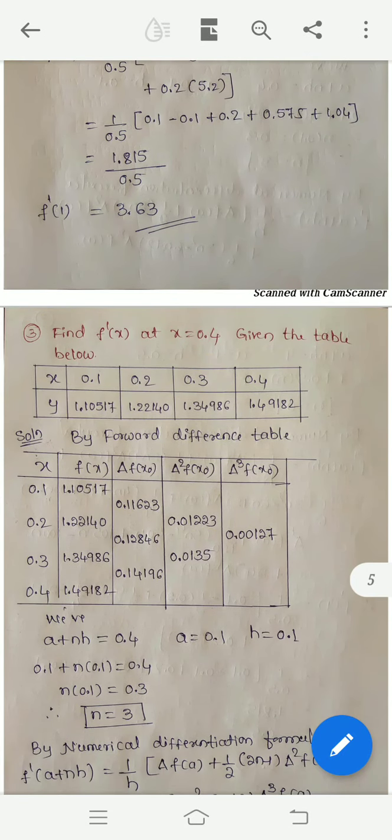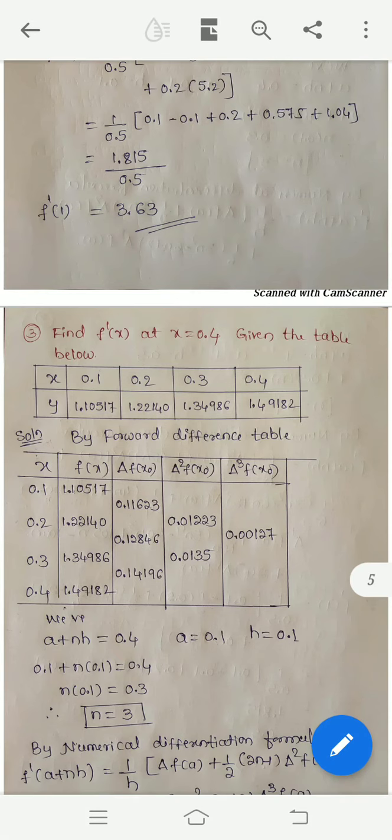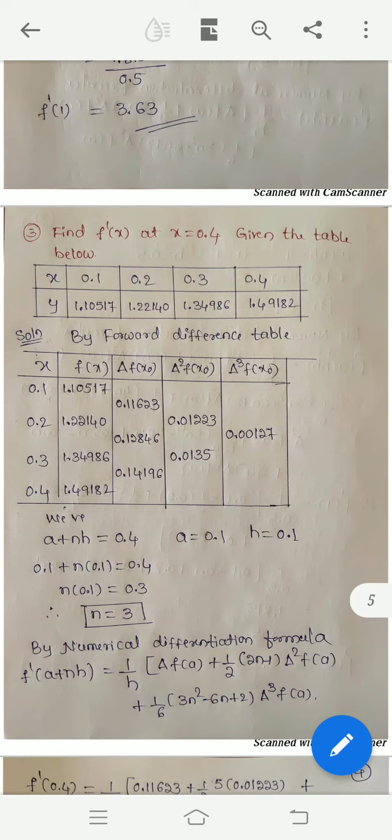Corresponding to those x values, the y values are 1.10517, 1.22140, 1.34986 and 1.49182. For the solution, we have to construct the forward difference table again.